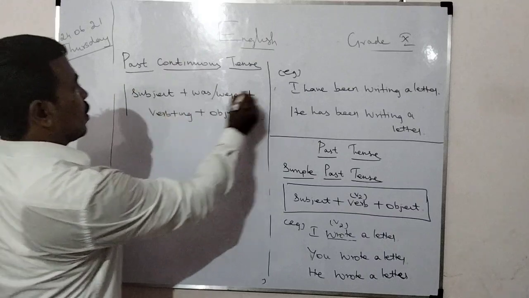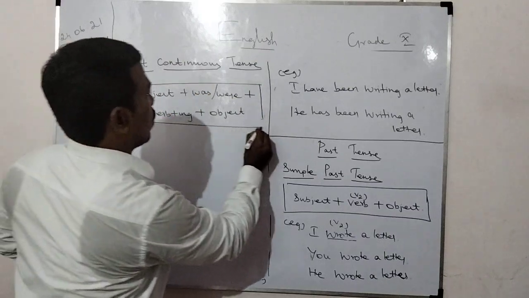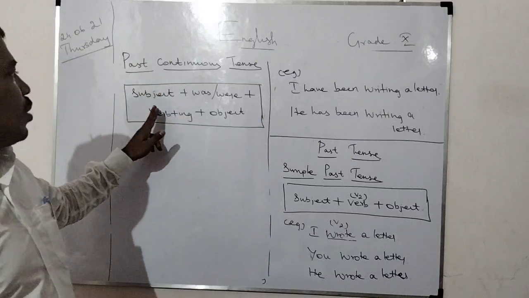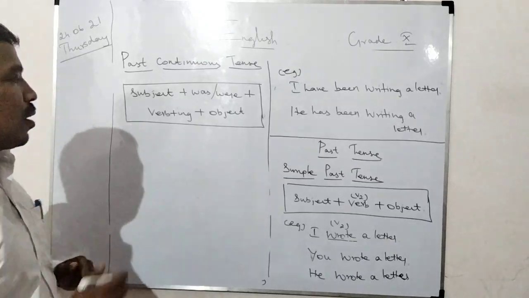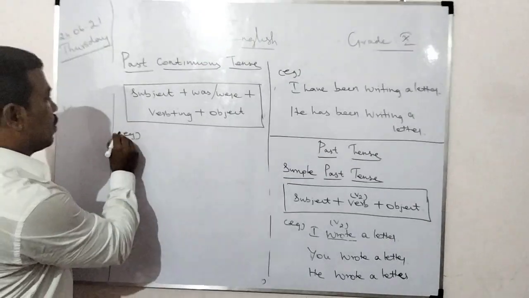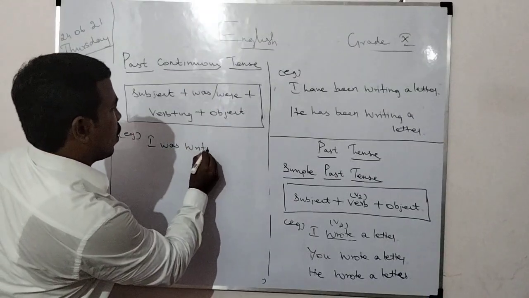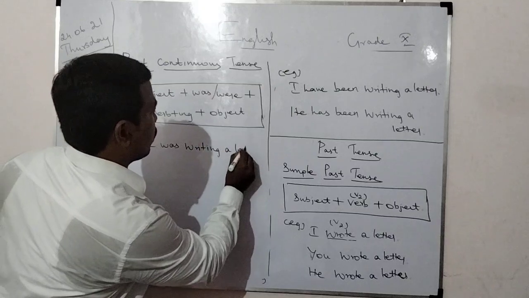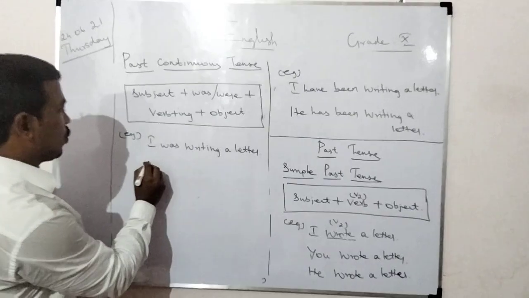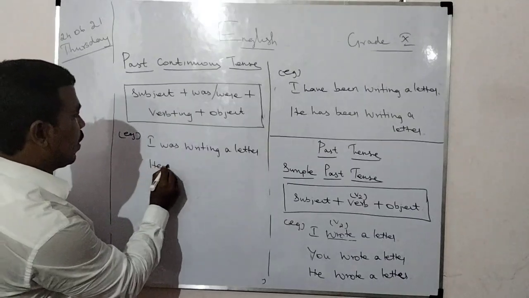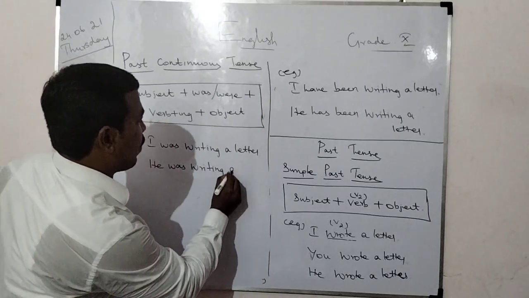What is coming? Subject plus was or were plus verb plus ing plus object. For example, I was writing a letter. Next, he was writing a letter, because singular means was, plural means were.